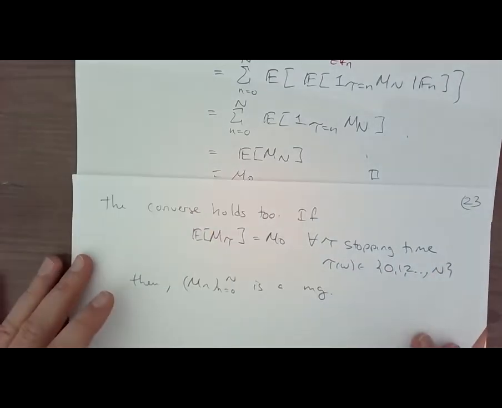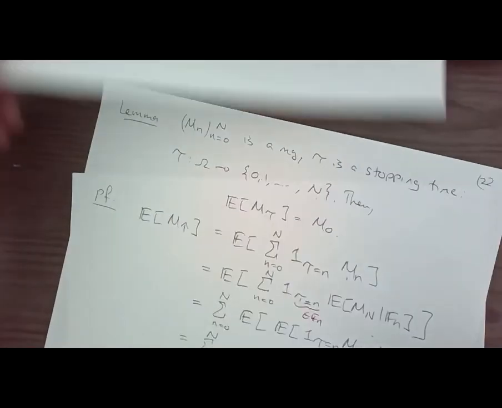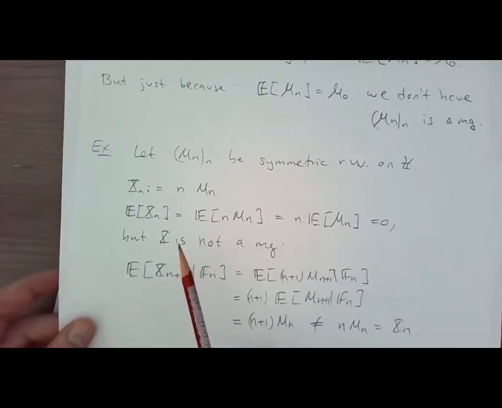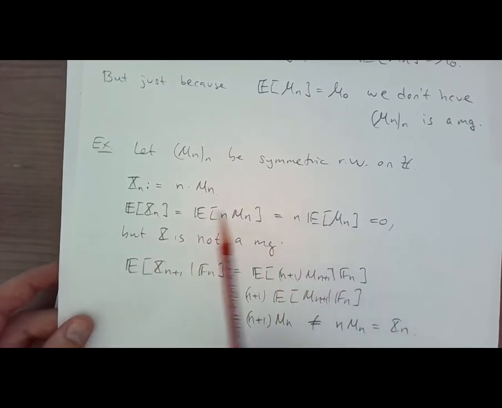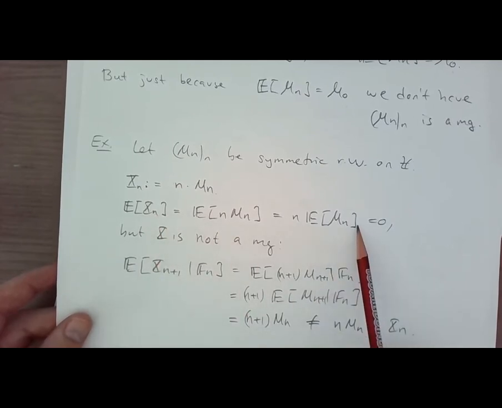So this highlights again the difference between stopping times and constants. The example we had here shows that if you only test this at constant times n, you won't get the martingale property.